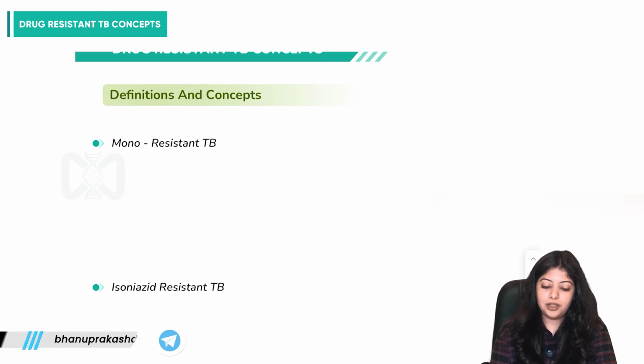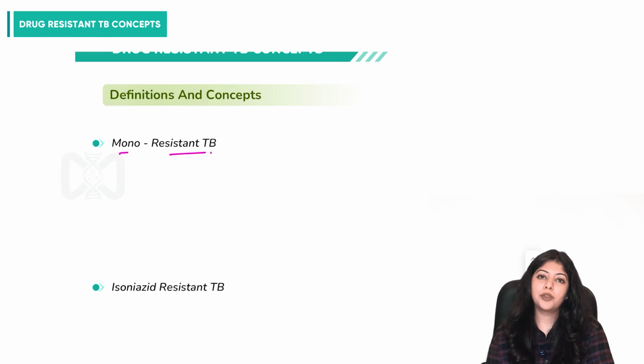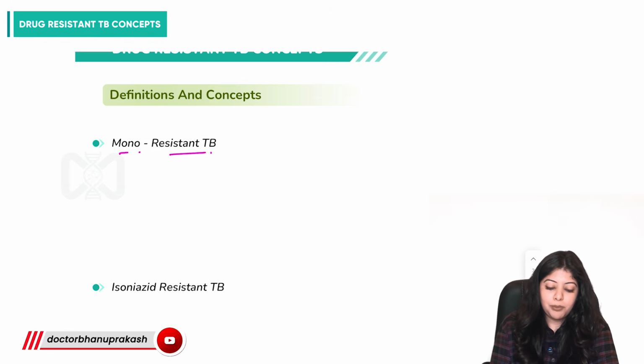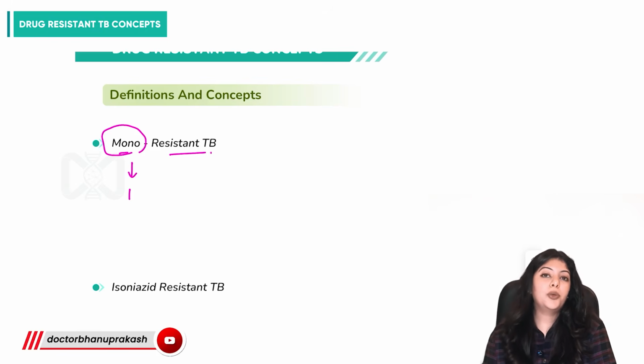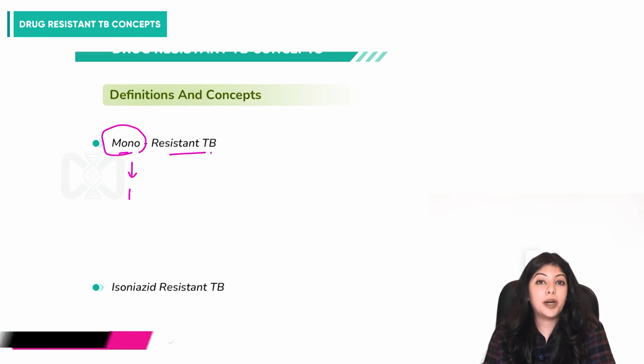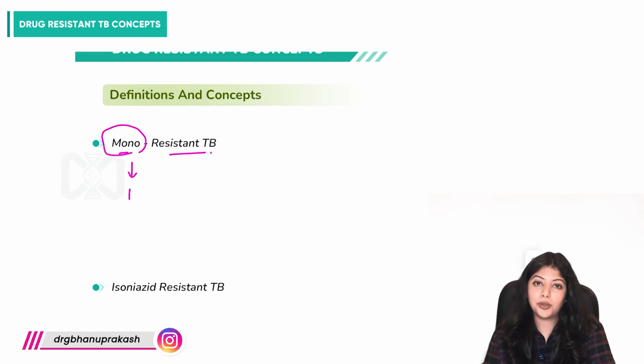So the very first definition is mono-resistant TB. What do we really understand by mono-resistance? Mono always stands for one. So this definition includes TB caused by Mycobacterium tuberculosis strains which are resistant to only one first-line anti-tuberculosis drug.